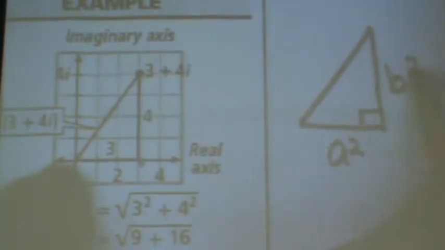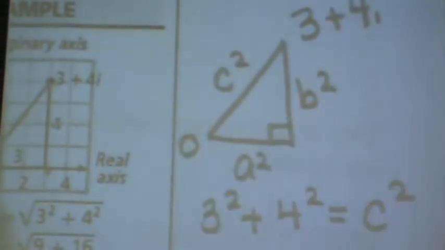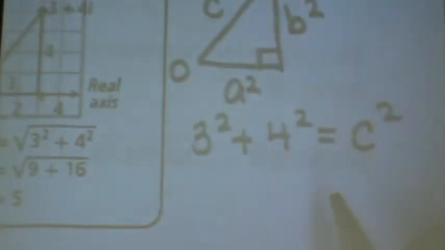The Pythagorean theorem says a squared plus b squared is equal to c squared.